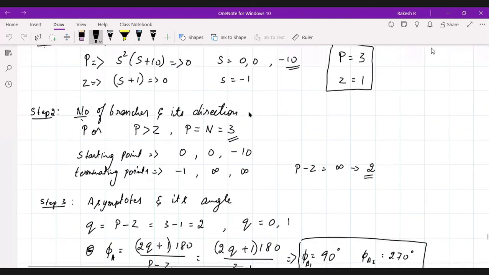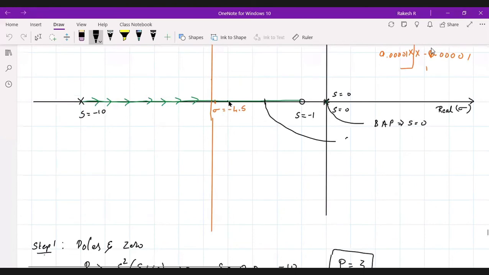Here S equals minus 4, right? This is one more point. S equals minus 4 and S equals minus 2.5 here, right? So when one root is coming here like this, one root is coming here like this. So this becomes towards right.